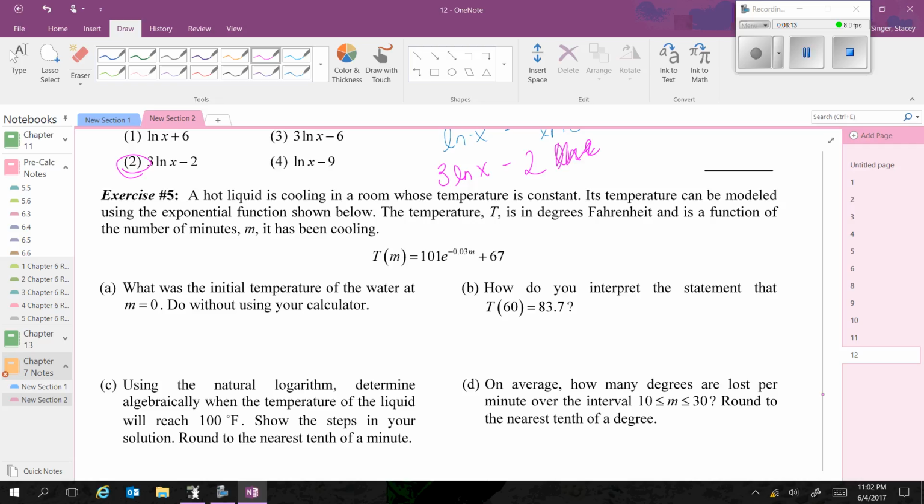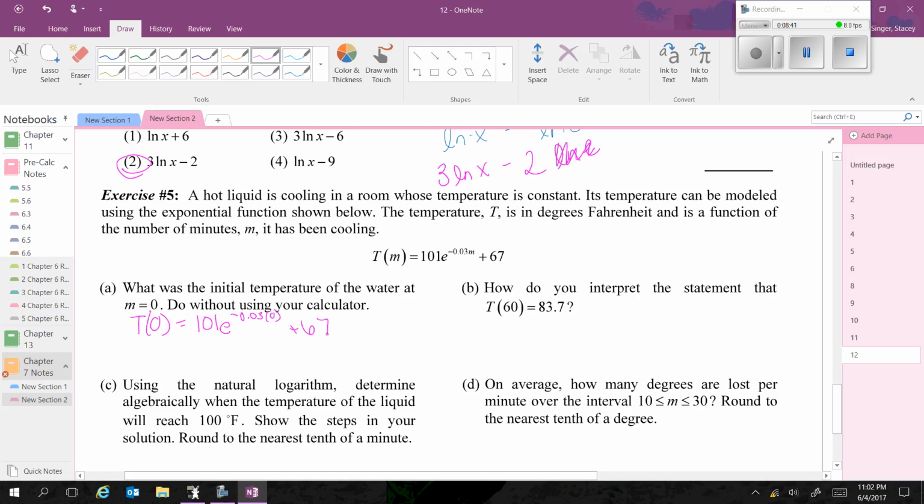So what is the initial temperature of the water at 0 minutes? T of 0, because I have 0 minutes, equals 101 e raised to the negative 0.03 times 0 plus 67.